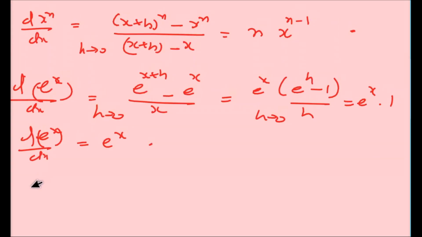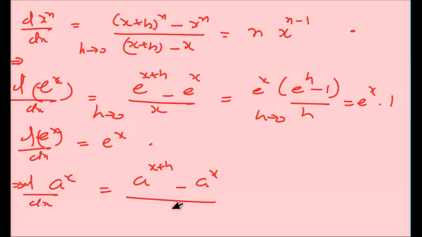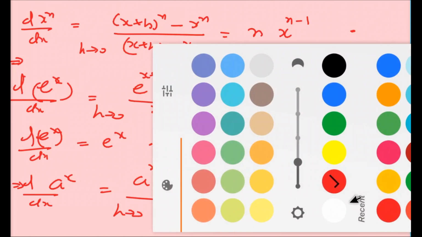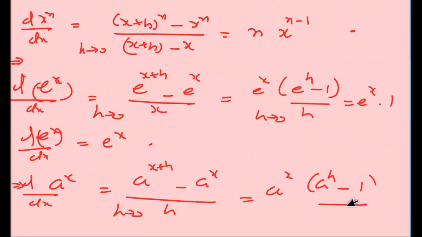Now take the next formula. Let a to the power x, we want to find out this differential, a to the power (x plus h) minus a to the power x upon h, h tends towards 0. Now taking again a to the power x common, a to the power h minus 1 upon h, h tends towards 0.